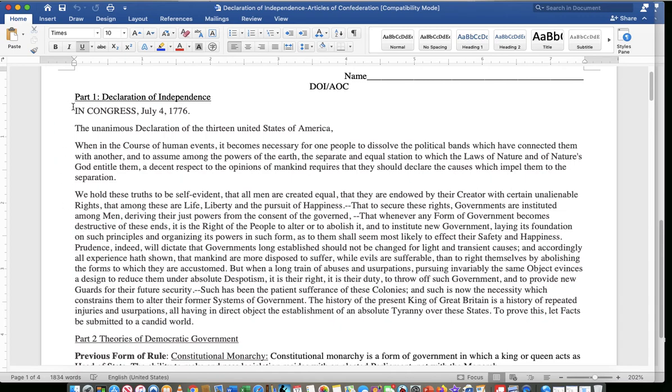Then you're going to start in Congress here, and then you'll finish down here with the candid world. Just read it. When you are done reading this paragraph, go ahead and hit play again, and then we'll discuss what we need to be able to do. All right? Okay. Hit pause.